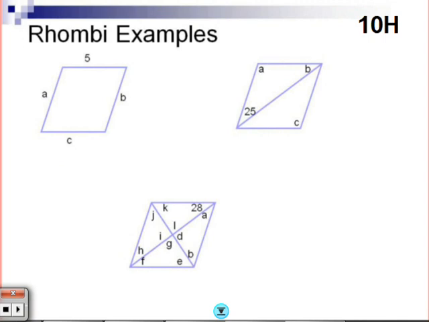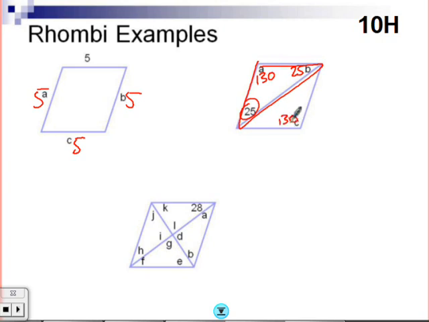So, some rhombus examples. Here we have, this is easy. A, B, C are all the same. So you just got to know what a rhombus is. On the one over on the right, if this angle is 25, so is B. So that's 25. This is a triangle with 180 degrees and 50 are gone. So that makes A 130, and then opposite angles and all parallelograms are congruent.